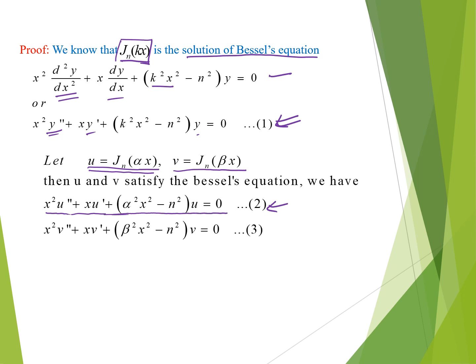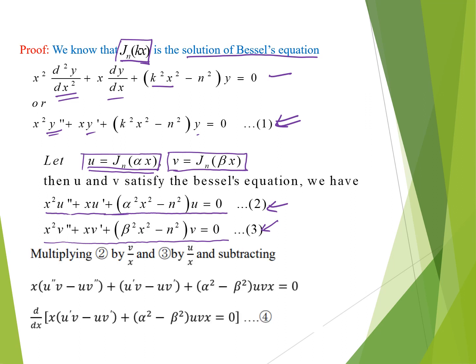So the solution of this is u. And similarly, if the equation is x square v double dash plus x v dash plus beta square x square minus n square v is equal to 0, then the solution is v is equal to J n beta x. Remember, in equation 2 we have dependent variable u, and in equation 3 we have dependent variable v.